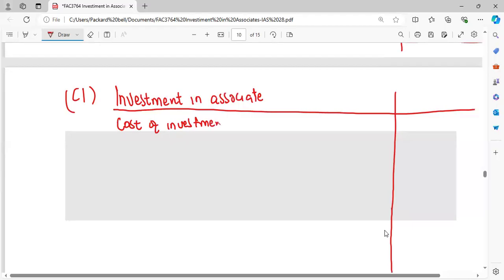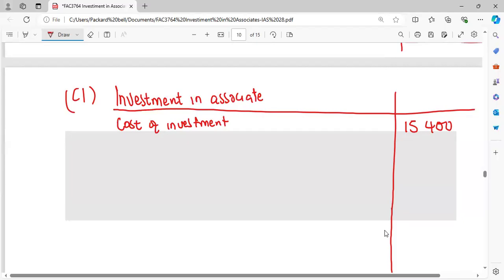The cost of the investment is 15,400. Then we add or subtract anything that is going to reduce the cost of the investment. This investment in associate, remember, is the one that we take to the statement of financial position under the investment in associate line, non-current asset.